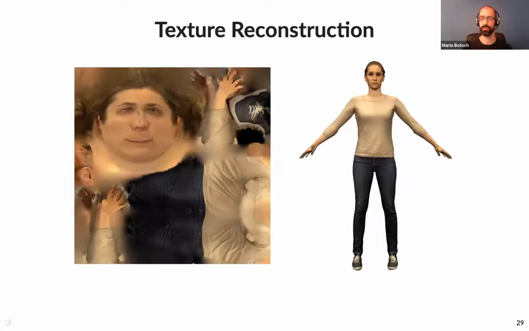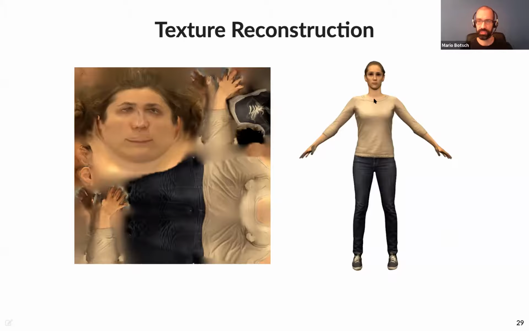Now we just reproject the 48-something texture photographs onto the geometry, and from the geometry to the texture. What you see on the left-hand side is the texture layout that we have, where the face takes up a lot of space in the texture domain because the face is important, and you see the legs and the upper body and the arms somewhere distributed in the texture domain.